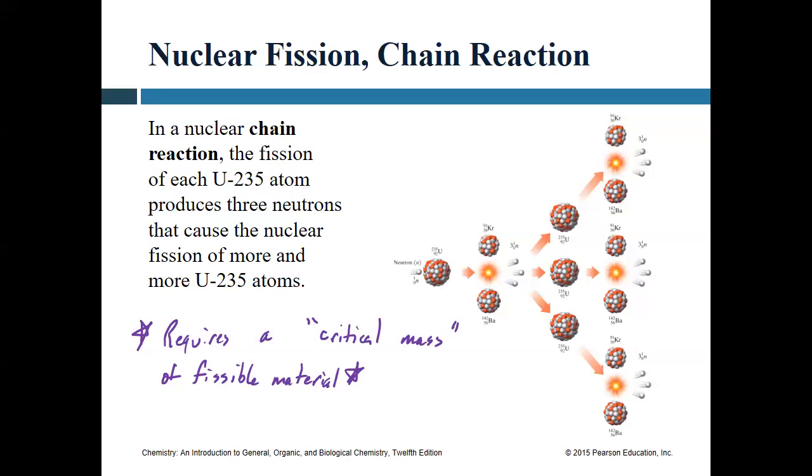Now, the key word there is when running correctly. If you think about some of the nuclear disasters that have taken place, that can be one of the ways that it goes wrong. In particular, we're thinking Chernobyl here, as opposed to some of the other ones that have taken place even in more recent memory.